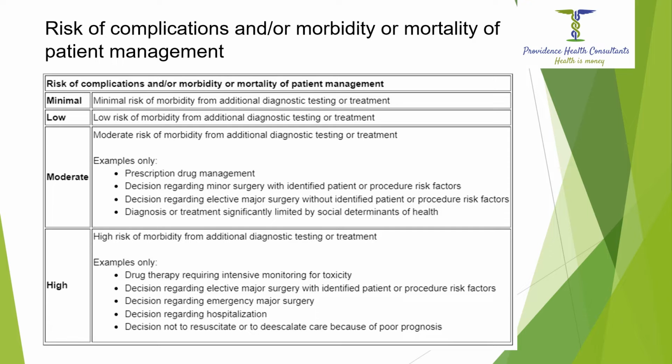So, prescription drug management, if the physician provides a prescription, and decision regarding minor surgery has been discussed, and decision regarding elective major surgery without identified patient or procedure risk factors, diagnosis or treatment significantly limited by social determinants of health. So, if the medical record supports this type of category, then we can consider it as moderate.